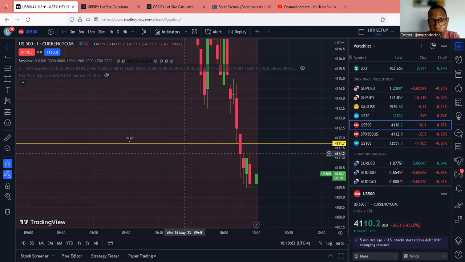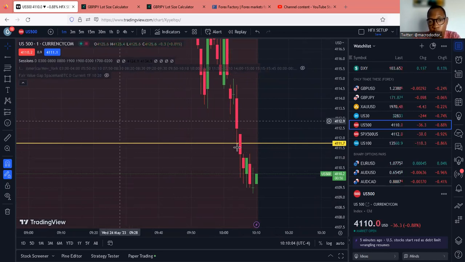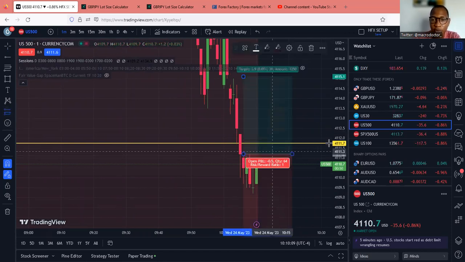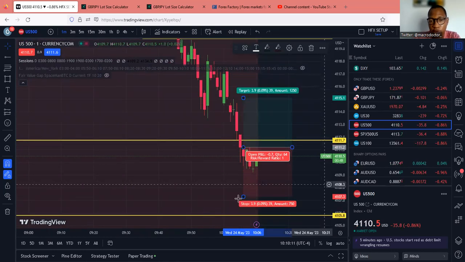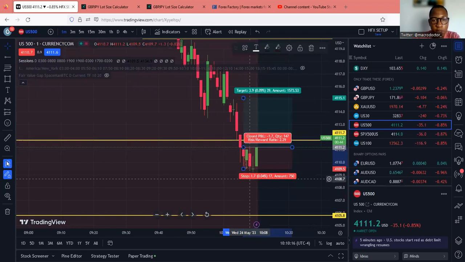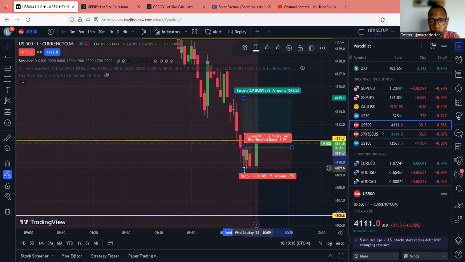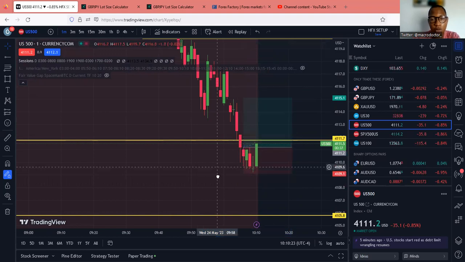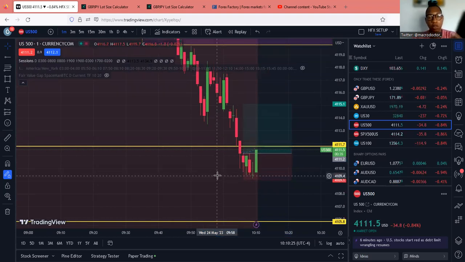Let's see. This is the last candle. This is the 10:10 candle. So let us see. Price has to close above this for us to consider it a valid trade. It looks like it might. Awesome. So let's see.